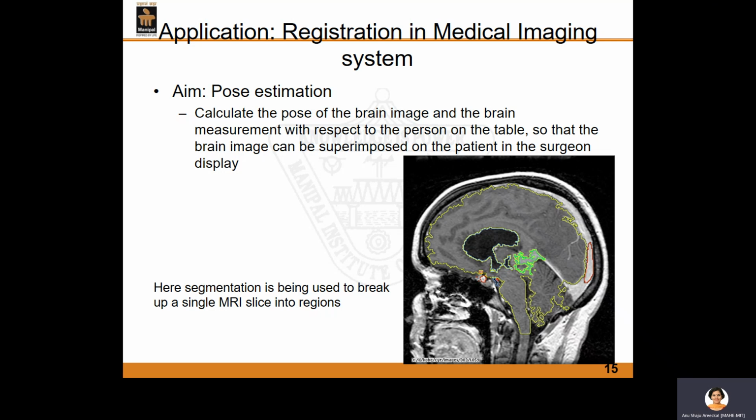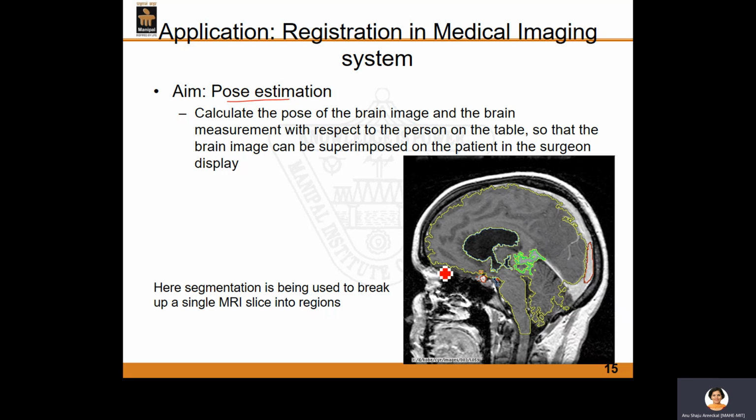Another example that you have is the pose estimation, which is shown over here, right? As we see over here, what we see is a particular slice of the MRI scan. As we know, an MRI scan has different slices, so this is just one particular slice from a particular view, okay.